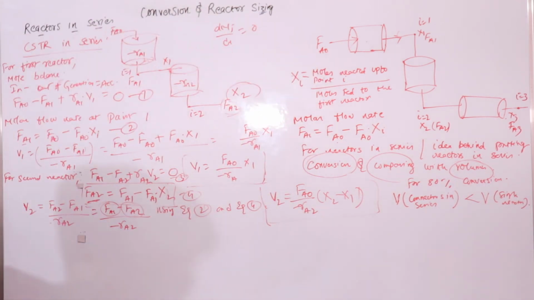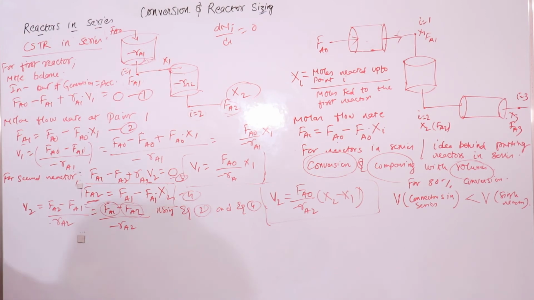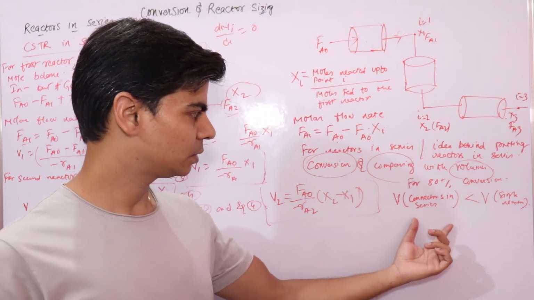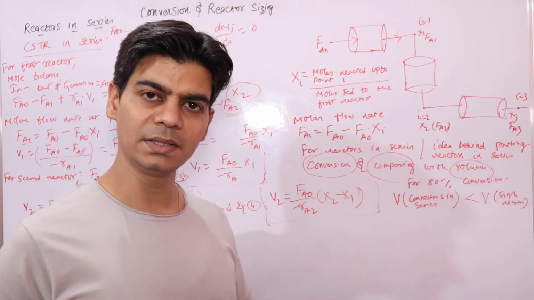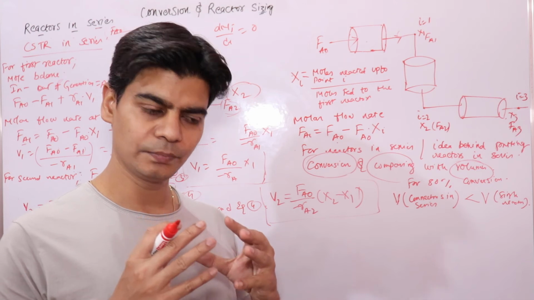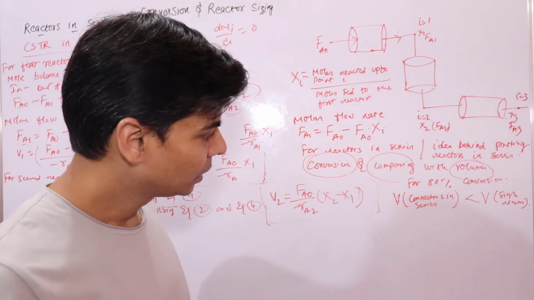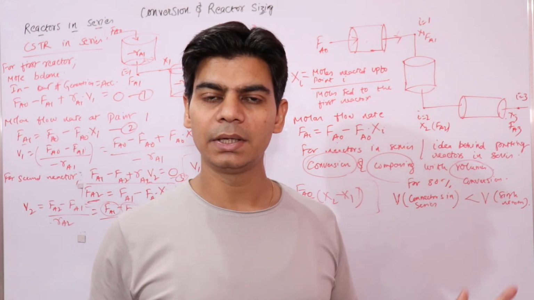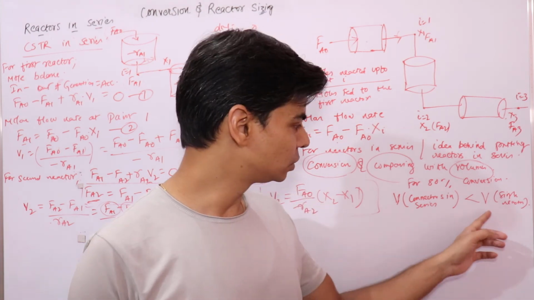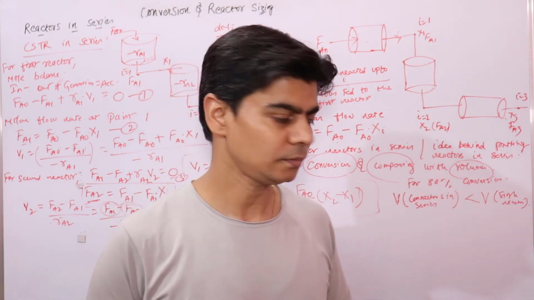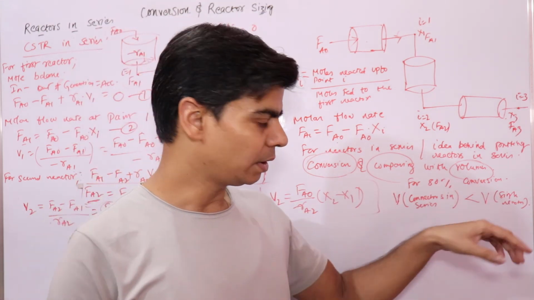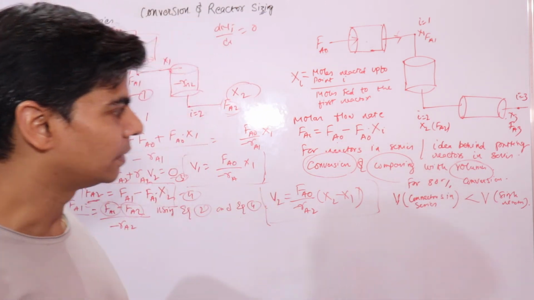So this is important to remember. So you can understand that if you have two reactors in series you need less volume, you need small reactors you can combine in series. Or if you want to achieve the same conversion, you take a very big reactor, and that will also achieve the same conversion, right? So either you can combine two small reactors or you take one big reactor, depending on the design.